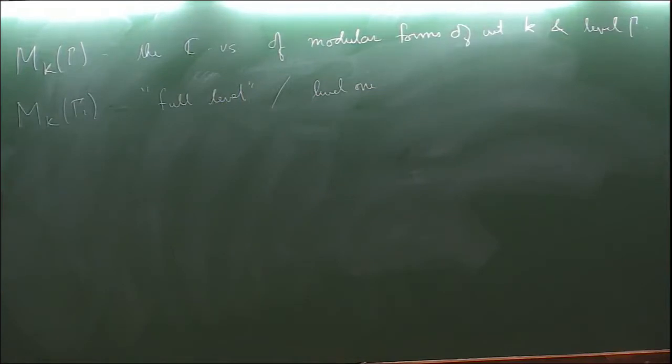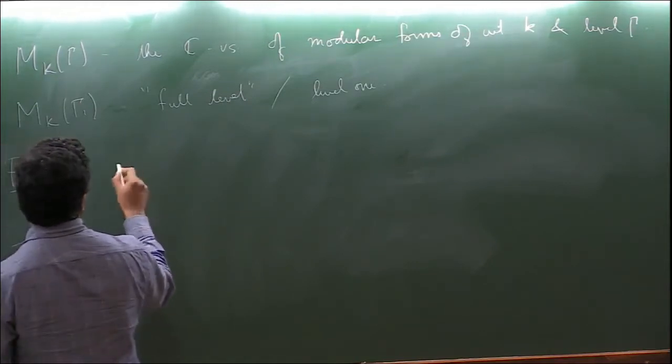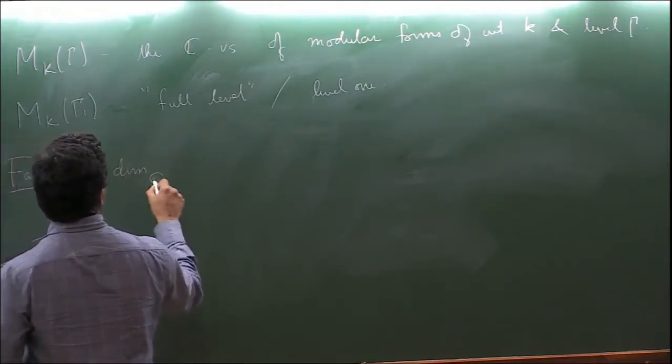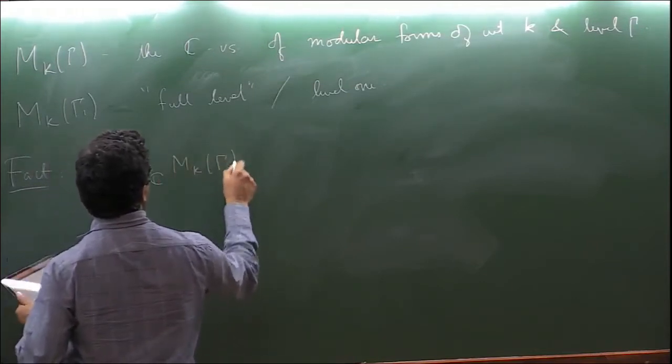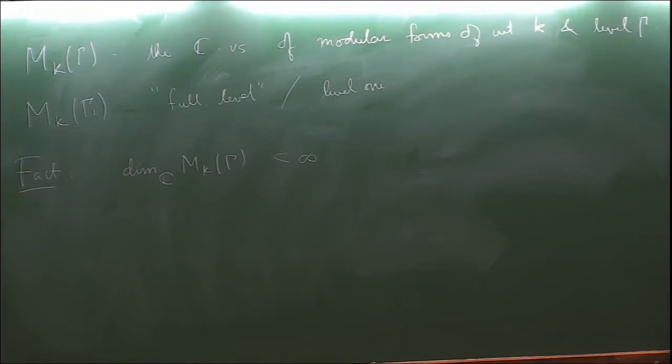All right, so what do we know about this? So fact, and I'll prove this in a special case: the dimension of Mk gamma is finite. This is for any congruence subgroup gamma.